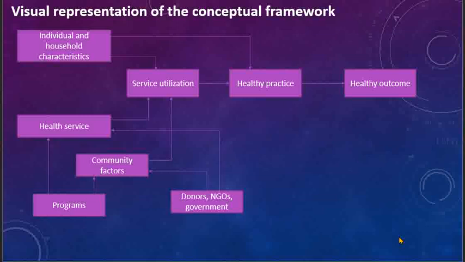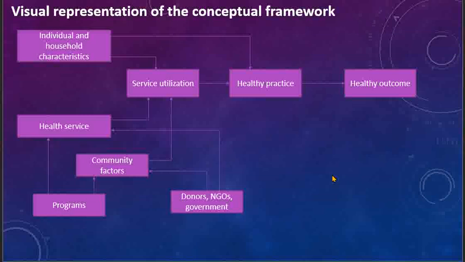In that case, here we have health service, which is contributed by NGOs, donors, government, and also our programs. So what we might have here is availability of resources, maybe human resources, availability of training, availability of tools that will enhance the service.